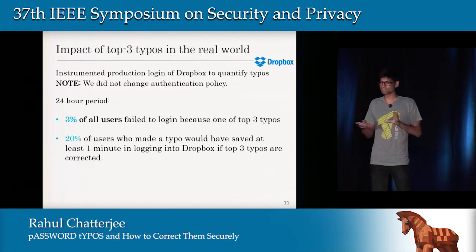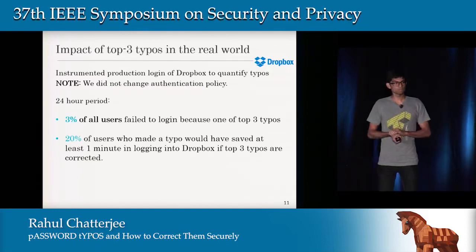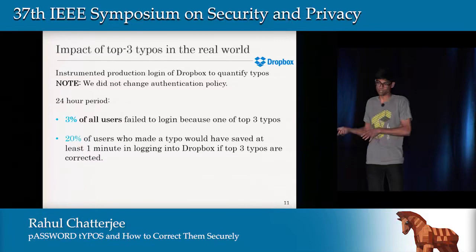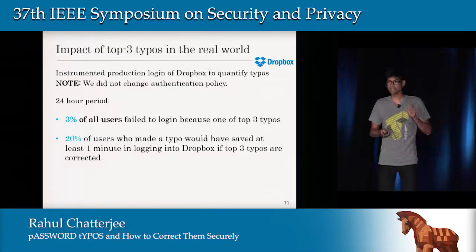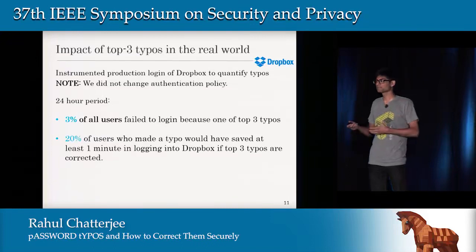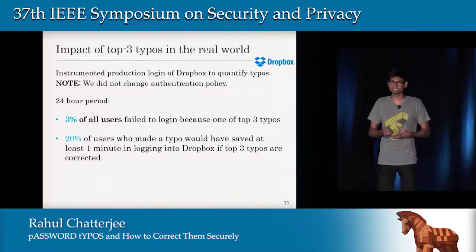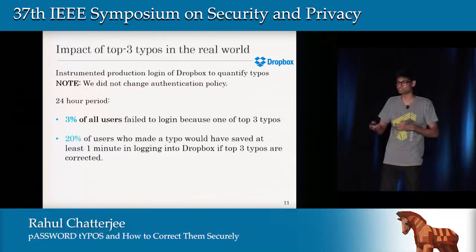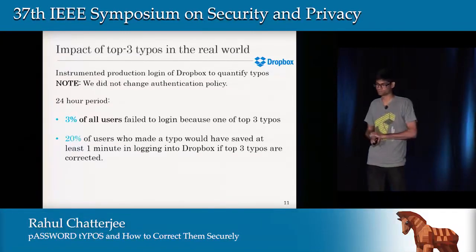What we found really surprising is that in the 24-hour period during our study, 3% of all users could not log into Dropbox because they made one of these 3 typos in their password. Of the people who could log in but had to resubmit their password, 20% of them could have logged into Dropbox 1 minute earlier if Dropbox allowed these 3 typos.